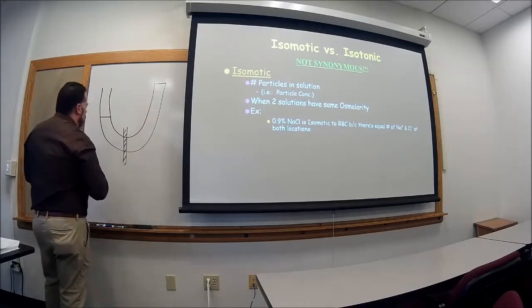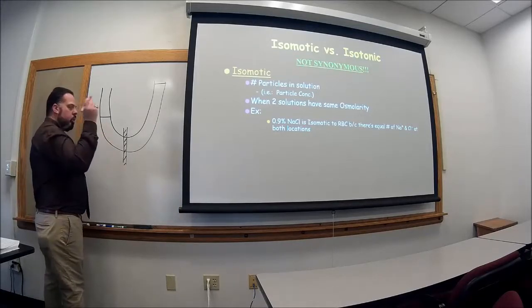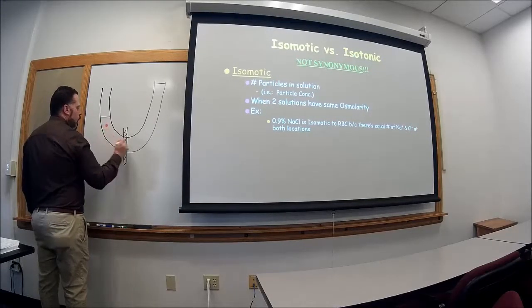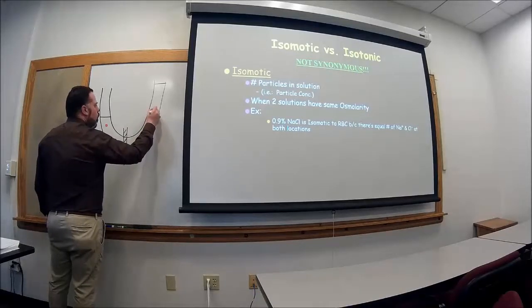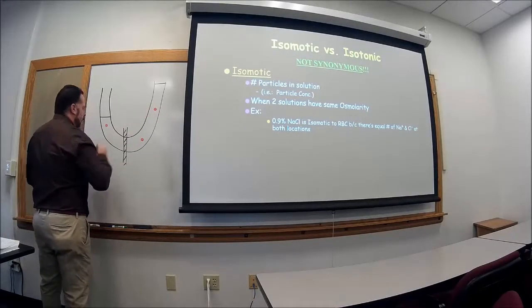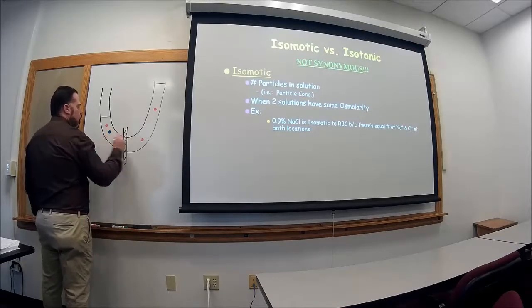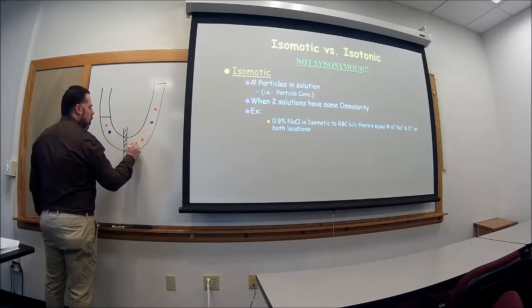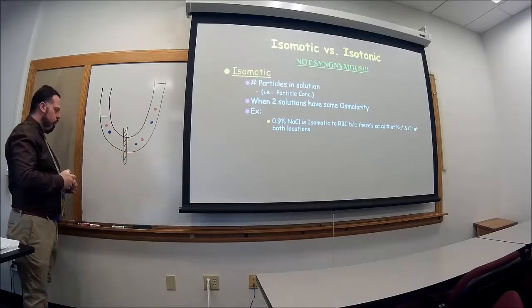And we have water through here, but at two different levels. Now we can have on one side, this is sodium, and we could have two sodium on one side and one on the other. We could have potassium, one over there and two over there.